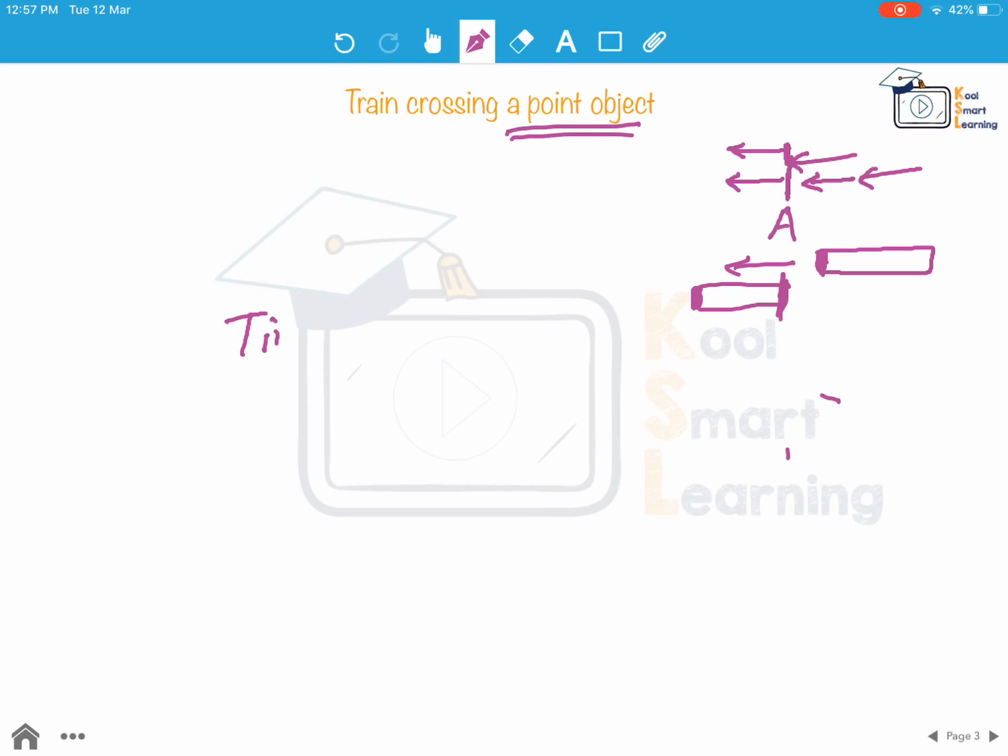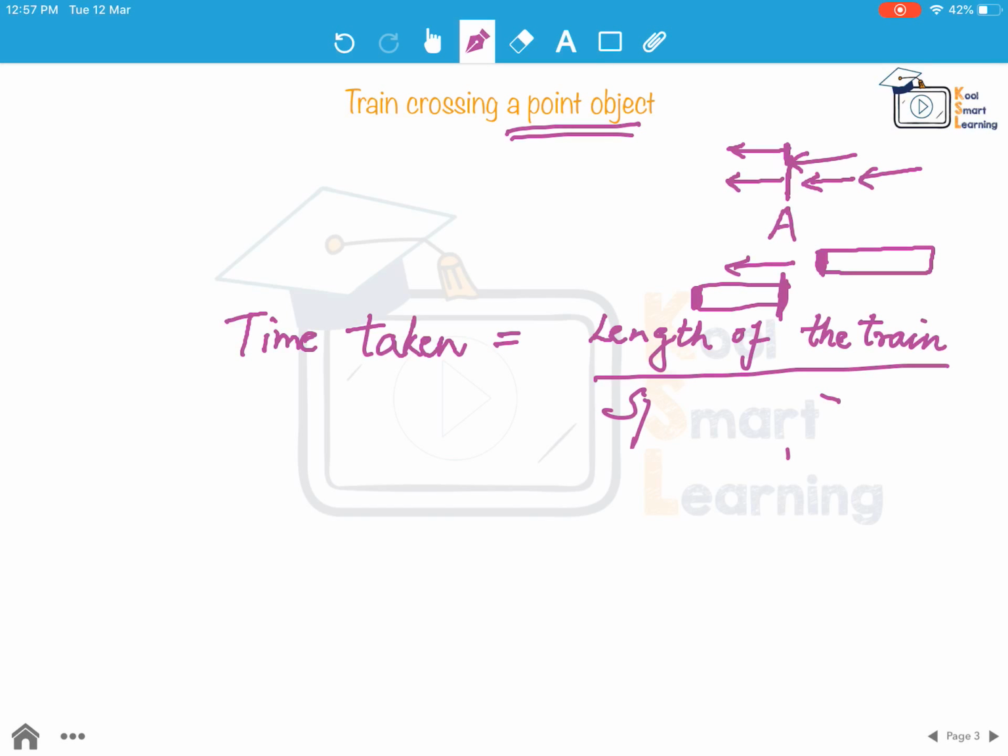So now just using the relation between time taken, speed and distance, we can say time taken will be, distance is how much? Just the length of the train. That is the distance that it has to cover, divided by the speed of the train. So this is the time taken by a train to cross the point object.